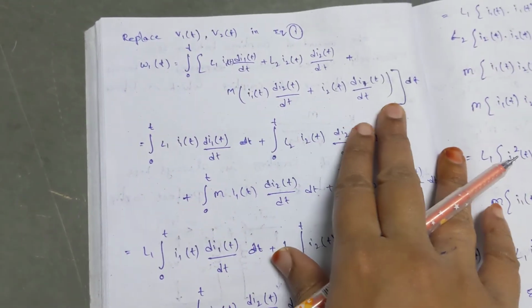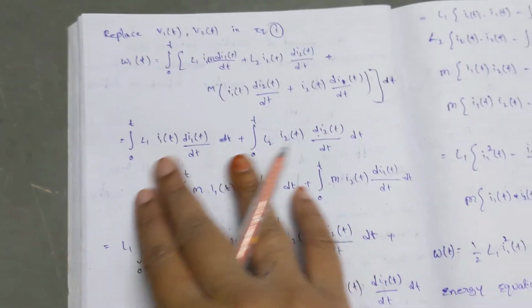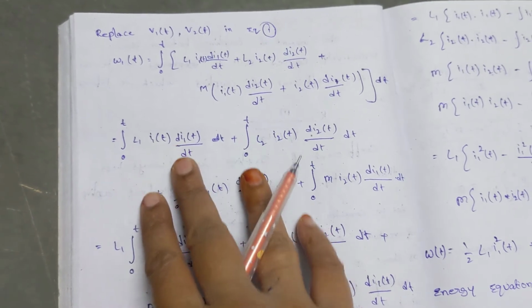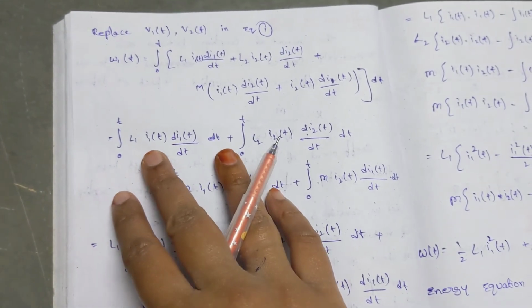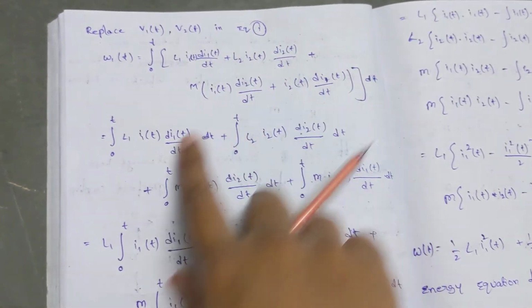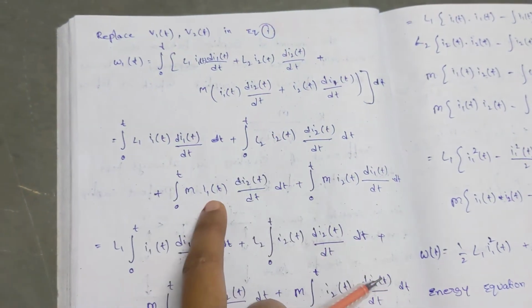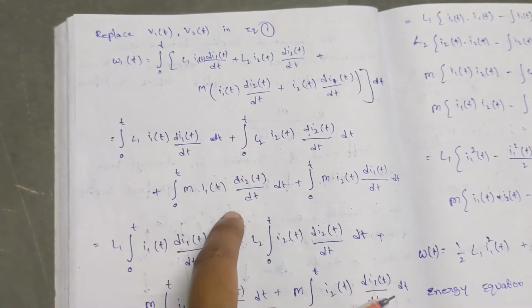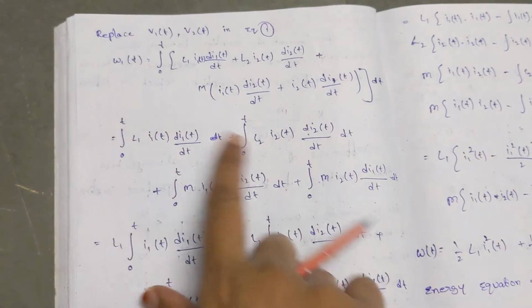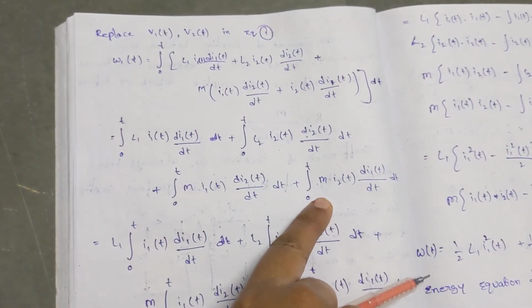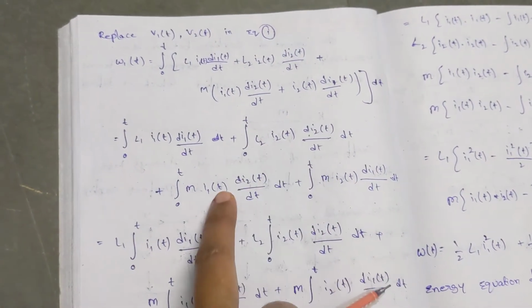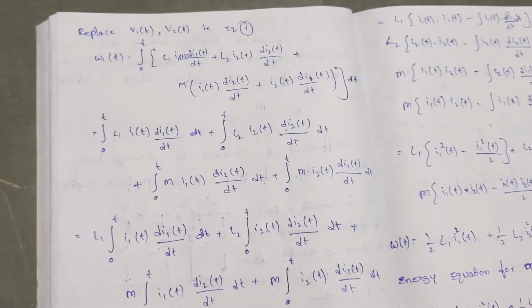I got this in this format. L1, L2, and M are time independent variables.